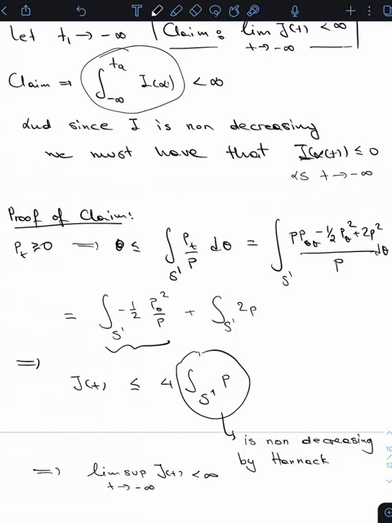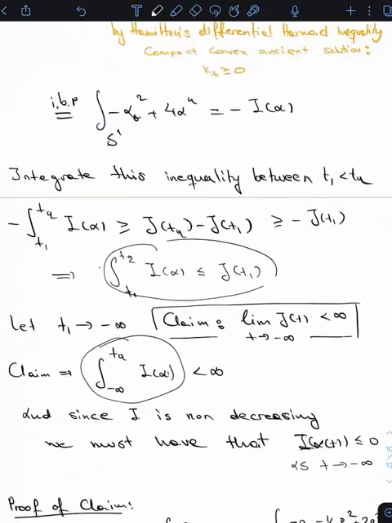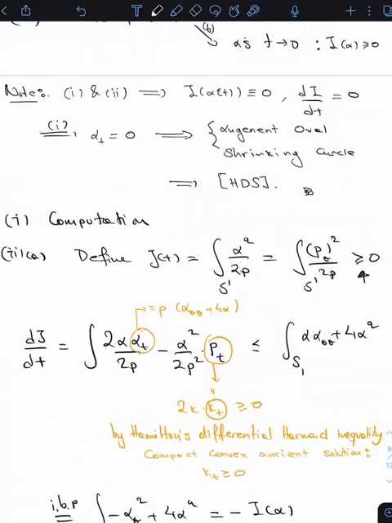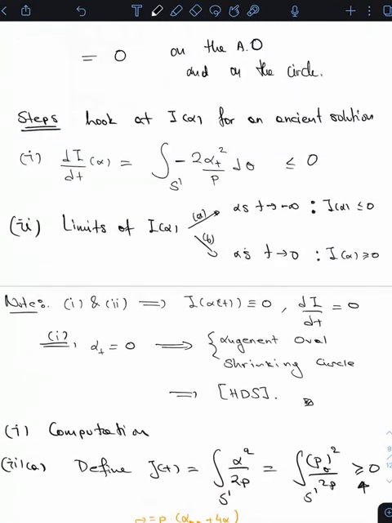So this almost finishes the sketch of the proof. Now let's go back to our first diagram up here. We said that 1 is just a computation. For 2, we had to find the limits of I, and we described how the limit of I is less or equal to 0 as we go to minus infinity.